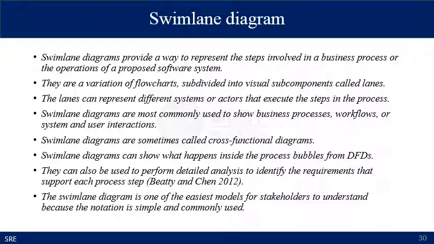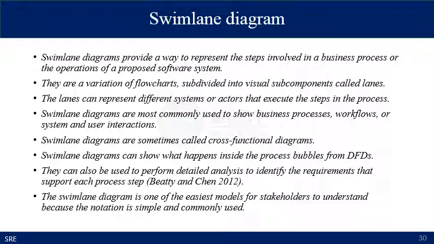These lanes represent different systems or actors that execute the steps in the process. Swim lane diagrams are most commonly used to show business processes, workflows, or system and user interactions. They are sometimes called cross-functional diagrams.